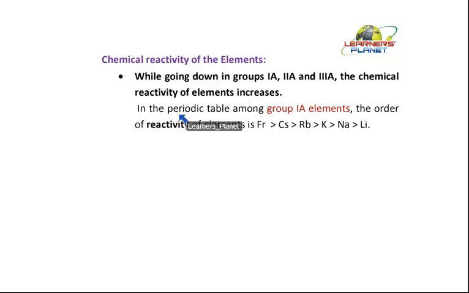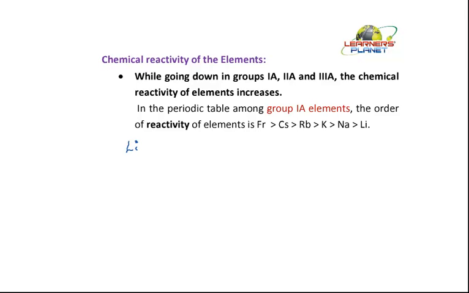In the periodic table among group 1A elements, the order of reactivity is francium greater than cesium, greater than rubidium, more than potassium, more than sodium and more than lithium. I told you the reason for that. How do these elements react? They react by forming a positive ion.